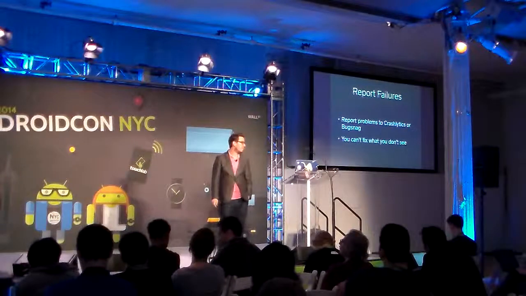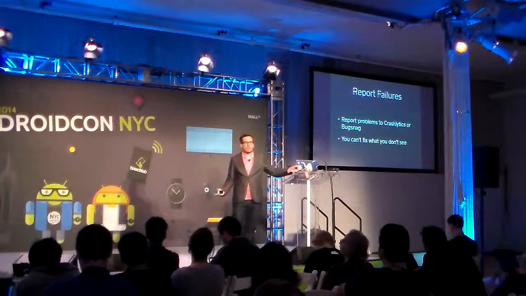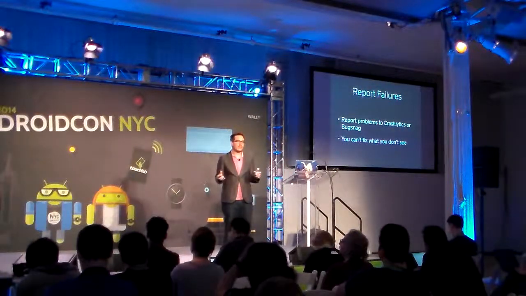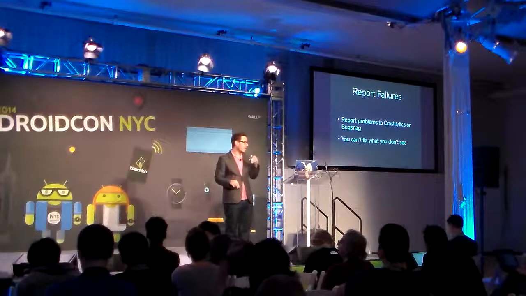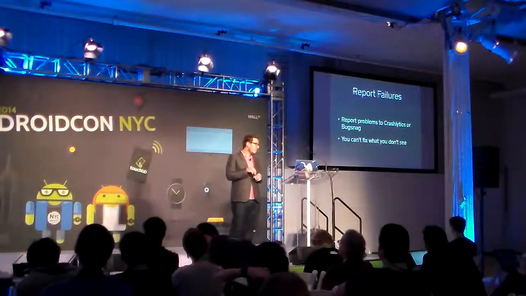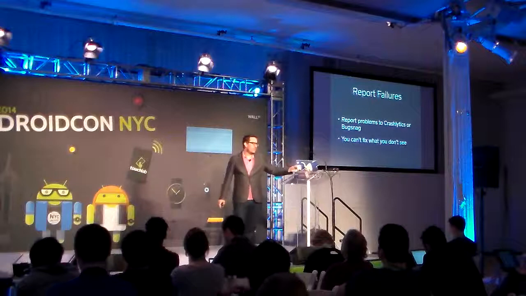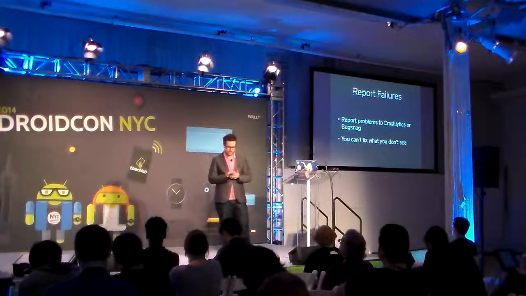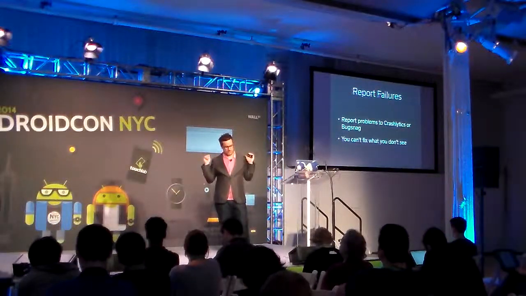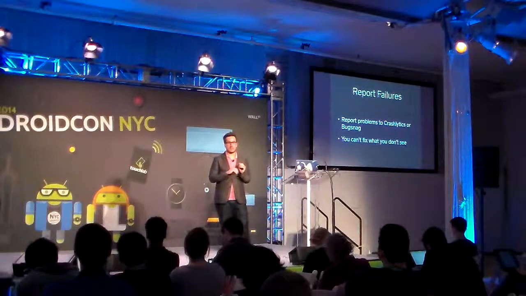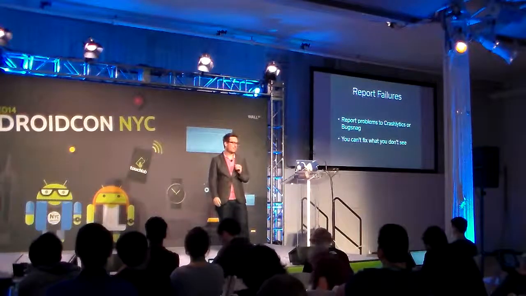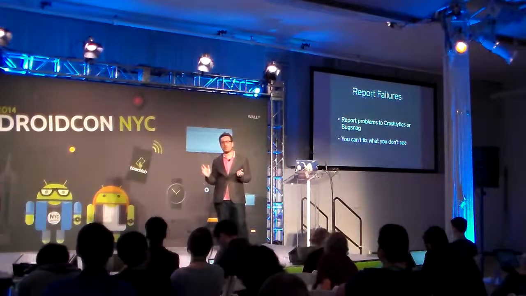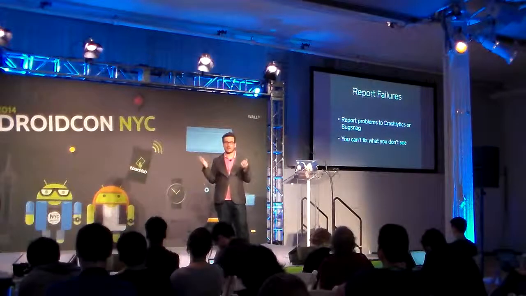Next one, really valuable and important, is when things don't work, you have to tell somebody about them so that those things can get fixed. When you make your call to the server and you say, create this payment, and the server says, not found, what you absolutely should do is say, I got a not found exception.